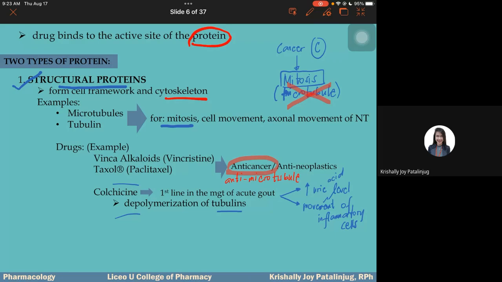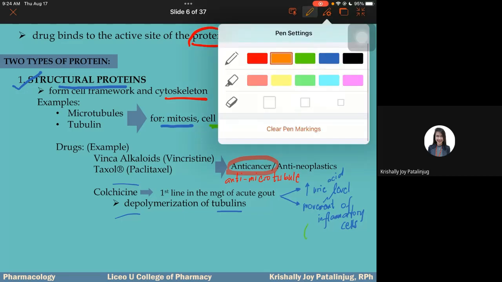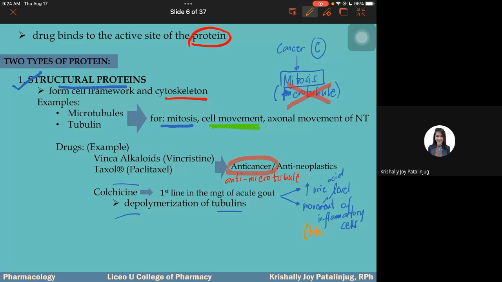And recalling, I have mentioned structural proteins involved in cell movement. And one of those structural proteins, tubulin, contributes to the cell movement of inflammatory cells.